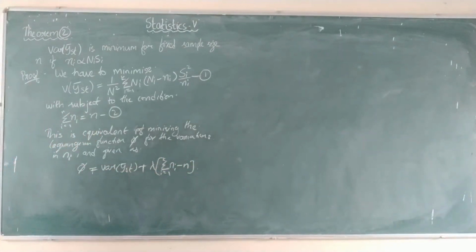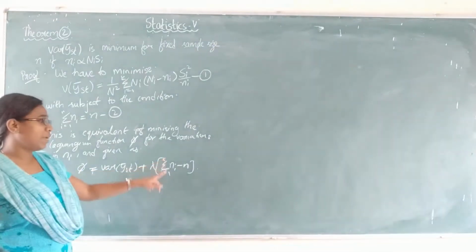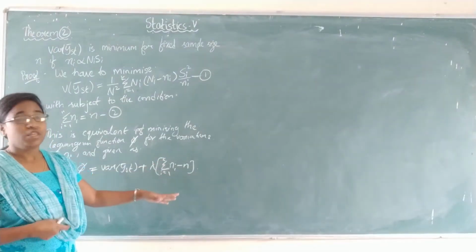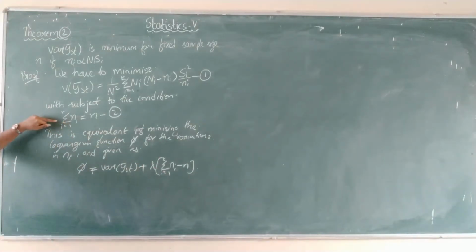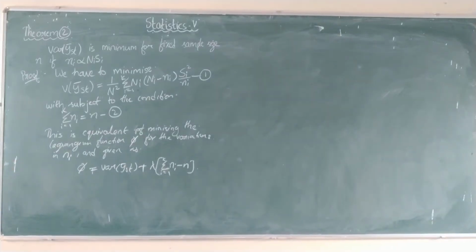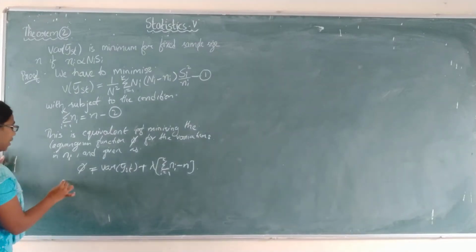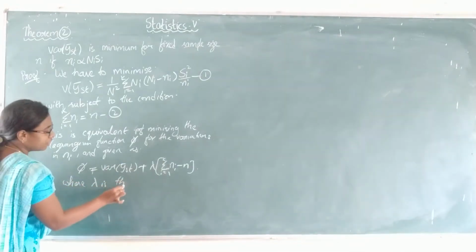So this is the Lagrangian function, that is, pi equals variance of y bar st plus lambda into summation ni minus n. Here we will consider this as it is. You may get that summation i equals 1 to k, ni equals n, but we will not substitute that now; we will substitute it later. Here lambda is the Lagrangian multiplier.